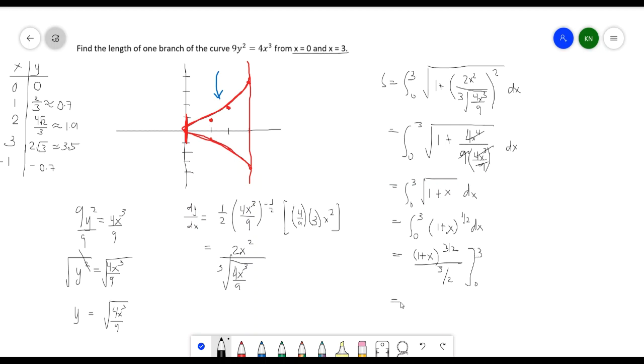So substituting again the upper limit and the lower limit, we have 4 raised to 3/2 all over 3/2 minus 1 raised to 3/2 all over 3/2. This is equivalent to 14 over 3 units, meaning to say this is now the length of our curve.